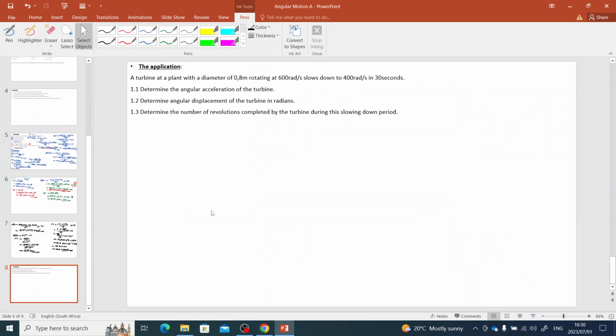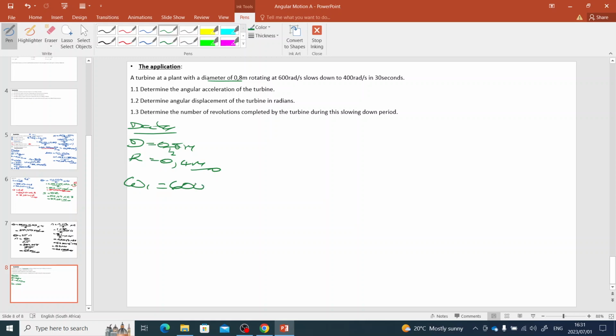Now let us look at the last application. Let's take out the data, the given information. A turbine at the plant with a diameter of 0.8 meters. Radius would be divided by 2, then it will be 0.4 meters. Rotating at 600 rad per second, that is omega 1.